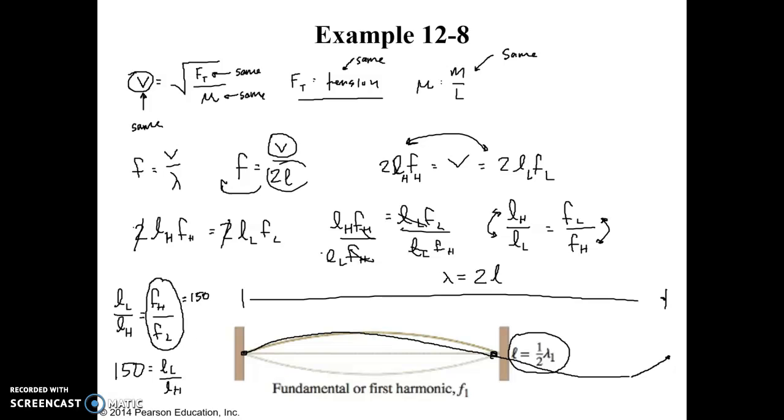I've kind of run out of room on this slide, so I'm going to go to the next one and continue that thought here of 150 equals L sub L over L sub H. And if I just take this over to the other side, then L sub H times 150 is equal to L sub L.